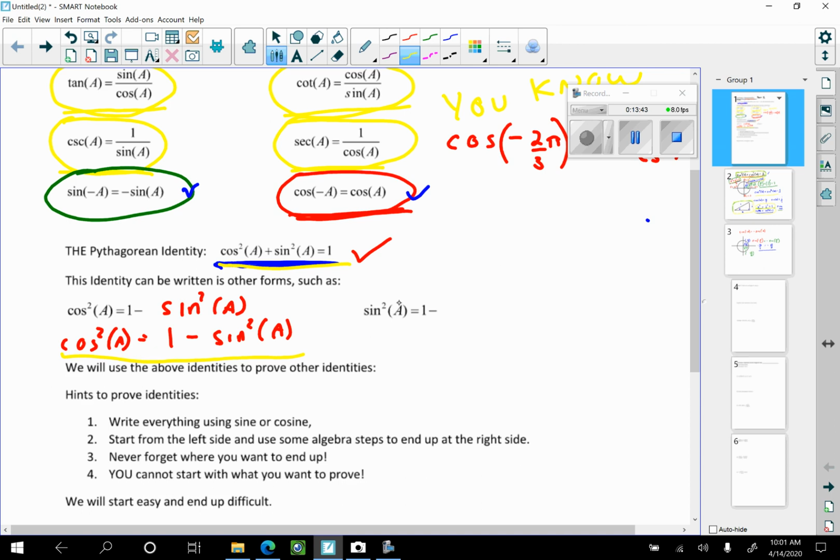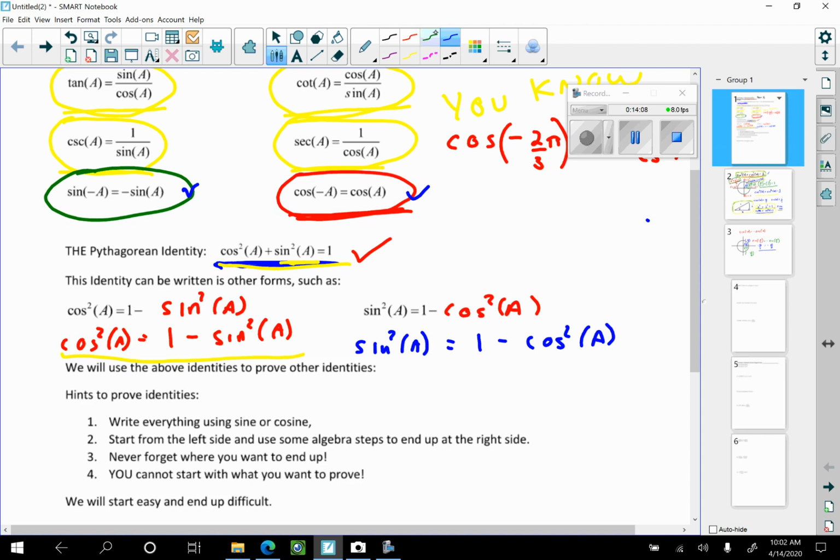In like manner, what if I want to just solve for the sine of A? I just subtract cosine squared of A. So this is another form of the Pythagorean identity, where sine squared of A is equal to 1 minus cosine squared of A.